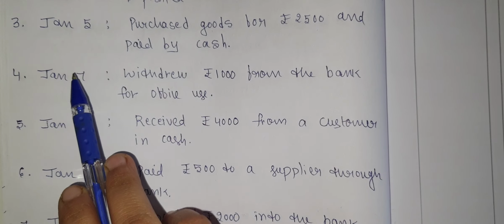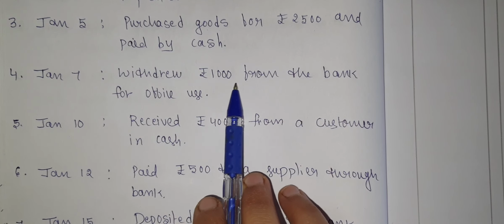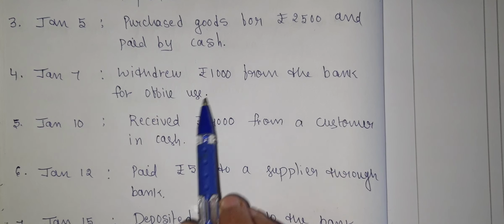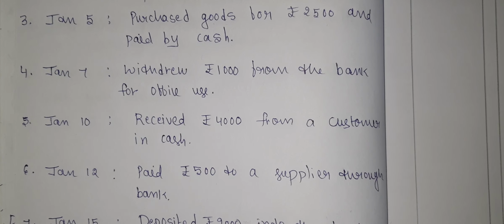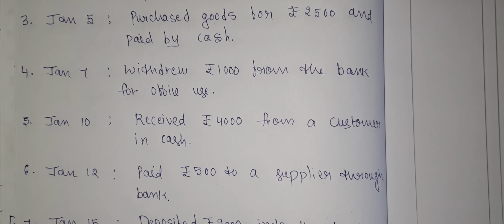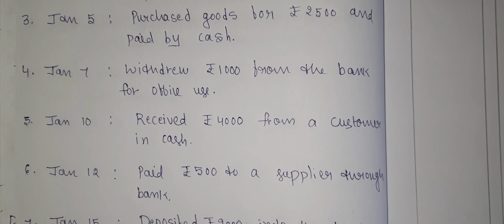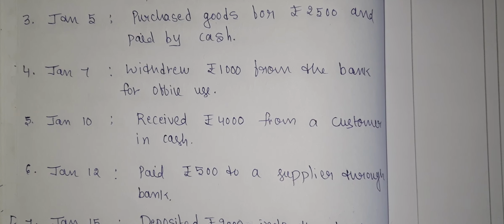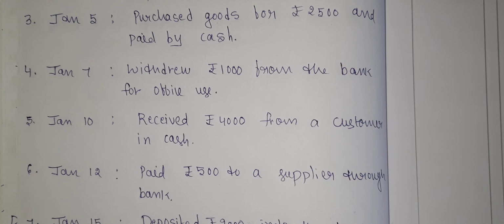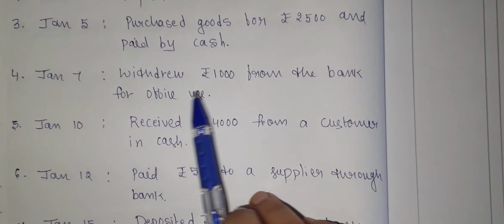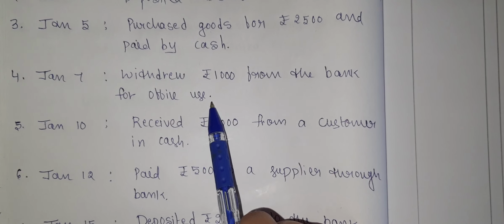Next one is, on Jan 7, withdrew rupees 1,000 from the bank for office use. This is the contra entry.